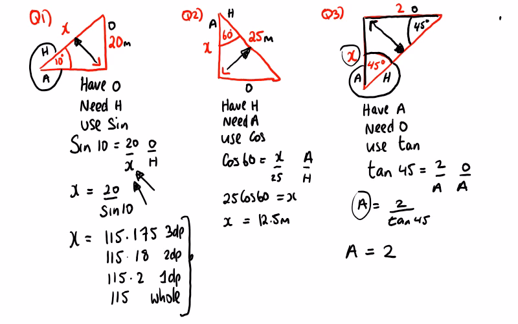And this is bringing in isosceles triangles, where the sides that are the same length, this one's 2 and this one is 2, the angles at the end of those sides have to be the same size, and that's where the 45 comes from. So you may have seen that before you started this question, but still show the maths involved. So hopefully you're confident with these, finding sides when we have an angle and a side. In the next lesson, we're going to look at finding angles when we have two sides.